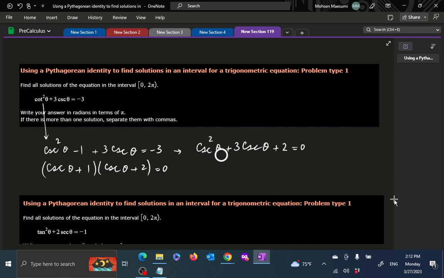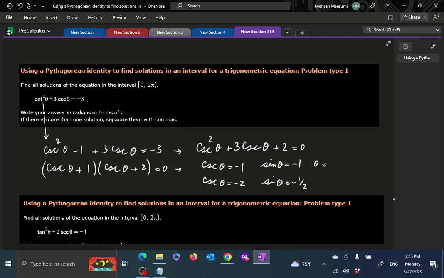So you could write a squared plus 3a plus 2, factor it, and then back substitute, or you can just factor it as it is. So cosecant of theta either is minus 1 or cosecant of theta is minus 2. Well, cosecant is the reciprocal of sine, so sine of theta is the reciprocal of minus 1, which is again minus 1, or the reciprocal of minus 2, which is minus a half.